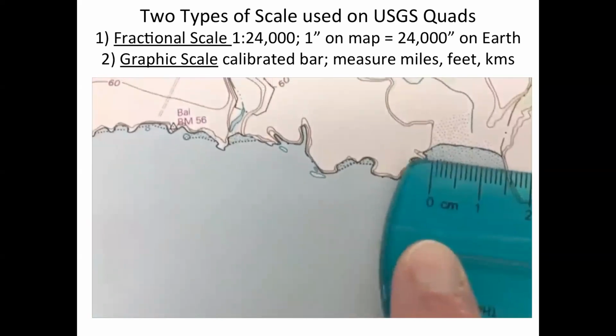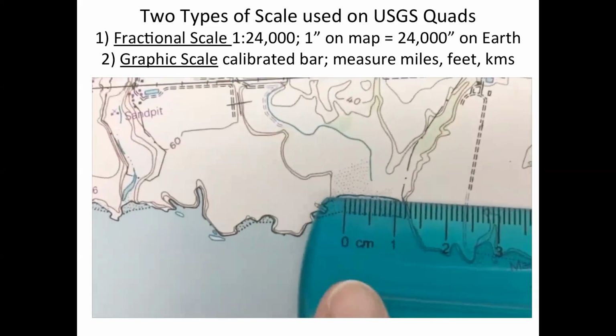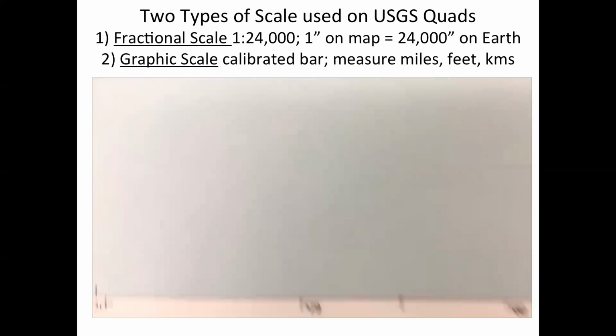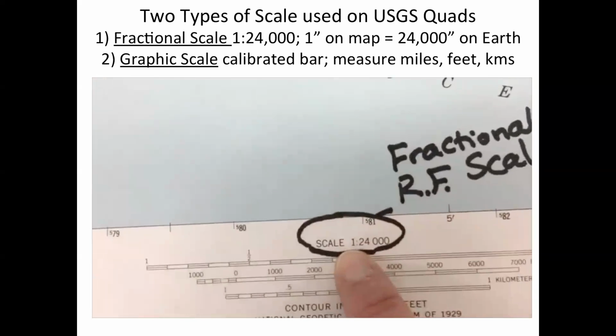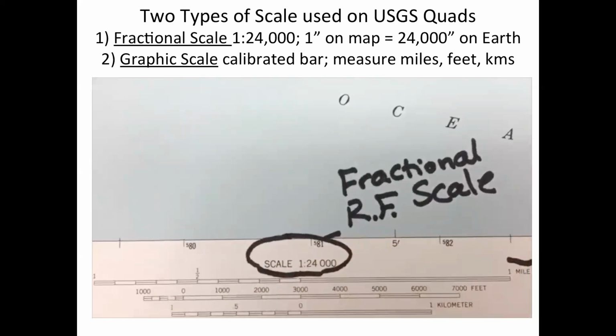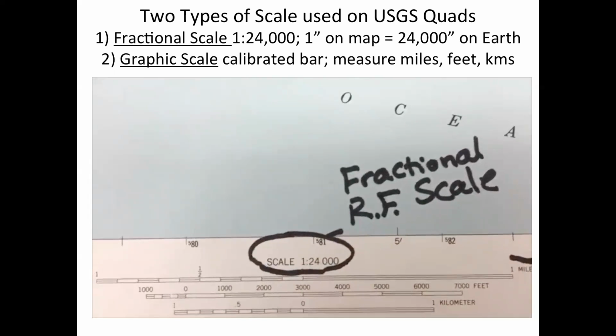Again, using the fractional scale, we can use any units of measure. Here I'm taking a centimeter measurement on a beach, and that 1 centimeter is equal to 24,000 centimeters on the surface of the earth. So again, that representative fractional scale helps us relate distances measured on the map with real Earth distances.